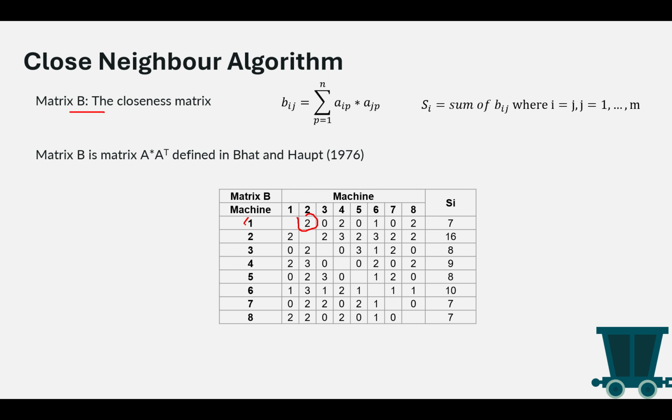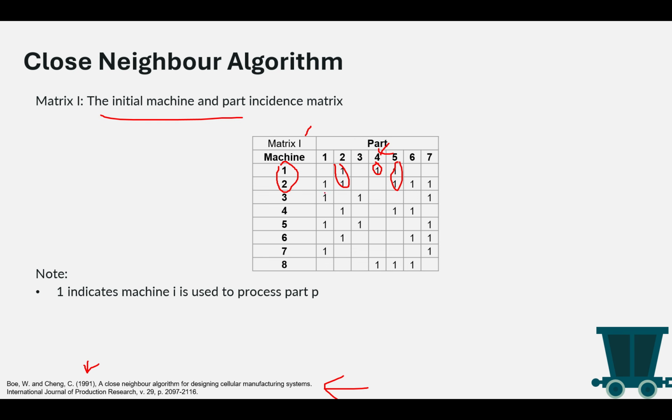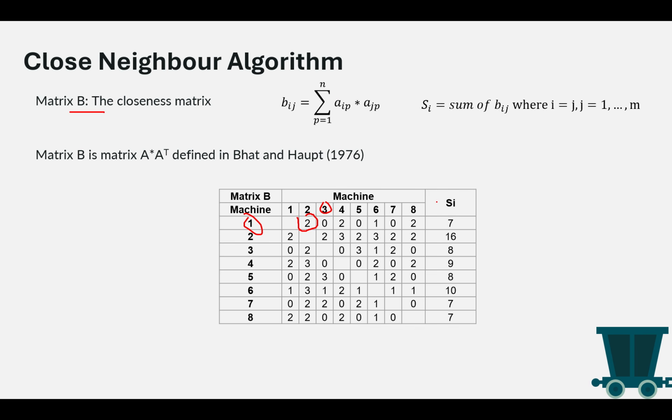And then for machine 1 and 3 it is 0, because there's no similar part. After that we can calculate the sum for the row. We got 7. And then this one is the transform of the matrix.